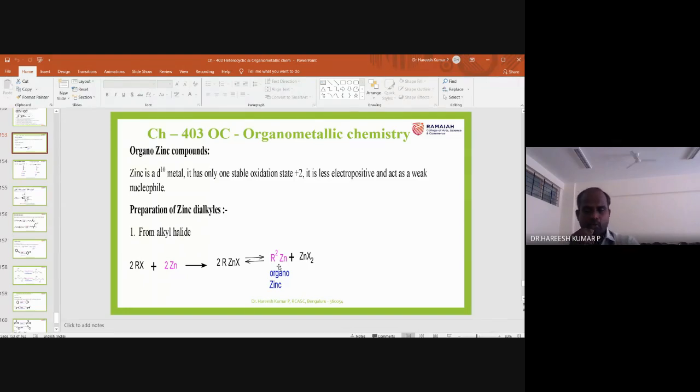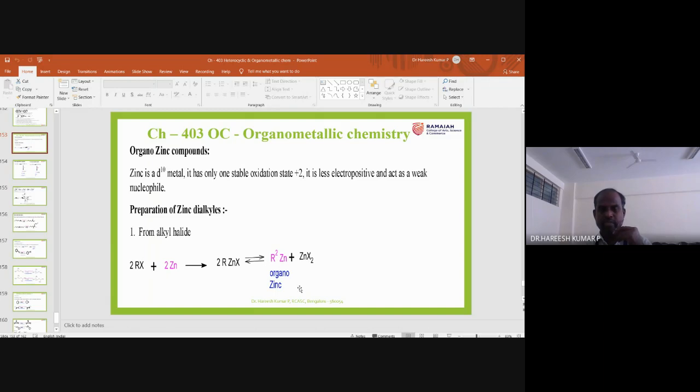So this compound is called organozinc. Just like I think you are aware of organometallic reagents such as methyl magnesium bromide and ethyl magnesium bromide. It's a Grignard reagent.